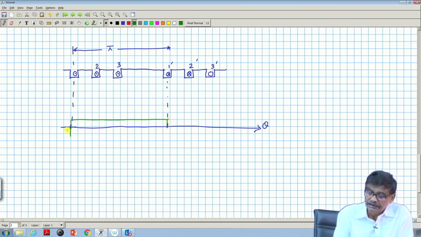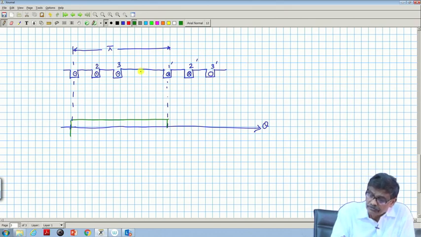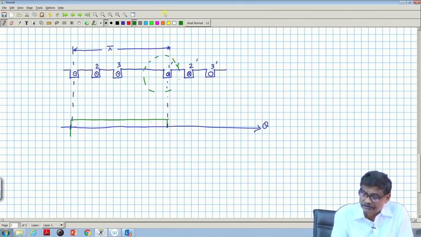Why am I telling like that? Forget about 2, 3 and 2 dashed, 3 dashed, erase from your memory, only 1 and 1 dashed is existing. If you consider at any point a flux path which will cross the air gap, above it there are north pole, south pole, etc.